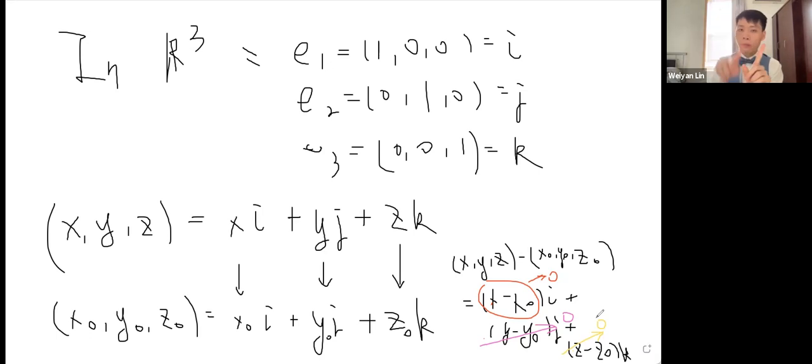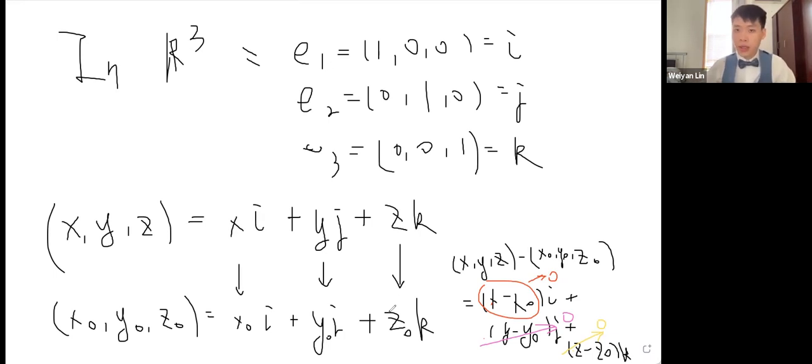Any parallelogram you draw will have a non-zero vector from the origin. So the only way to get 0 is to have 0 at each coefficient. That means x and x0 are the same, y and y0 are the same, z and z0 are the same.